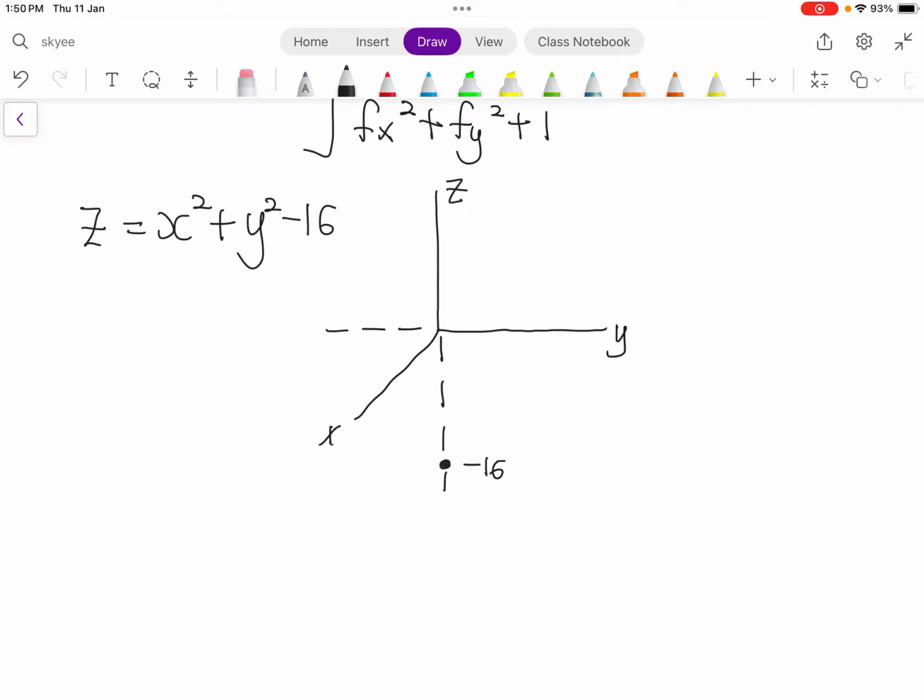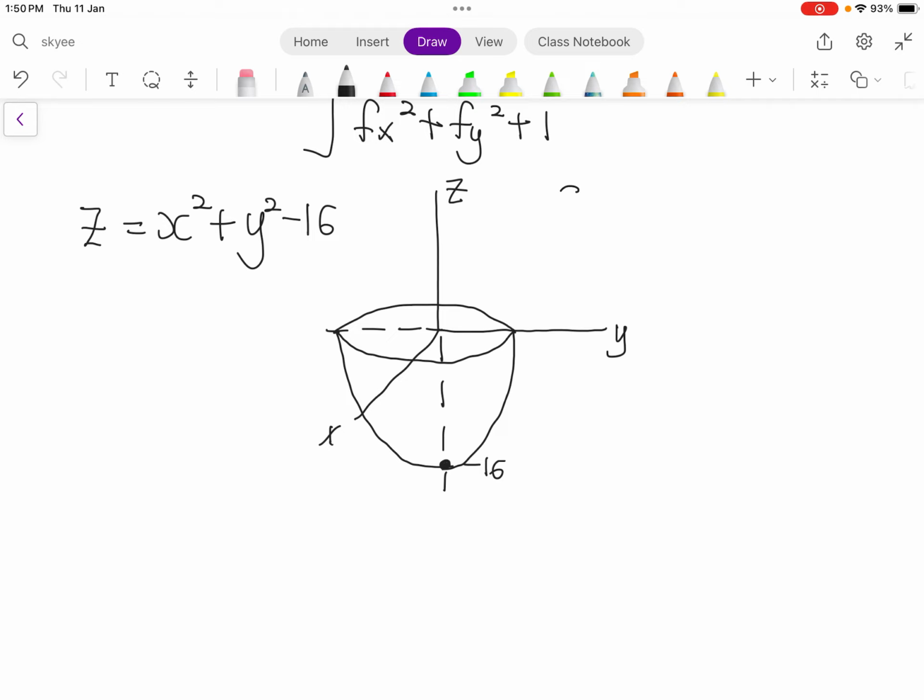Since this is below z equals 0, we will have a paraboloid like this.